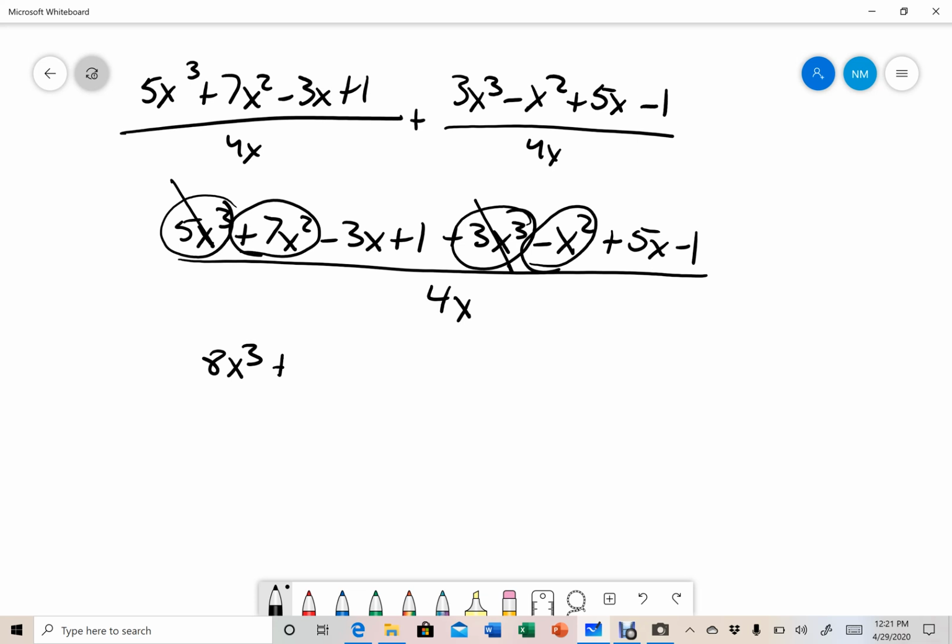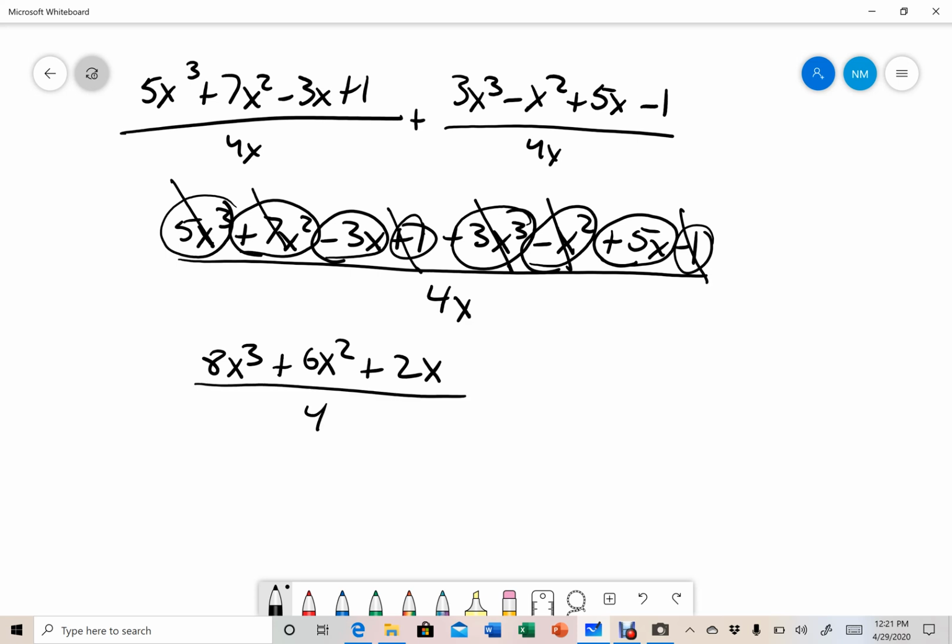So I've got plus 6x squared. That's done. Okay, then I look at my x terms, negative 3x, positive 5x. So I get plus 2x. And then I've got a negative 1 and a positive 1, and those totally cancel out and are gone. So I've got 4 over 4x.